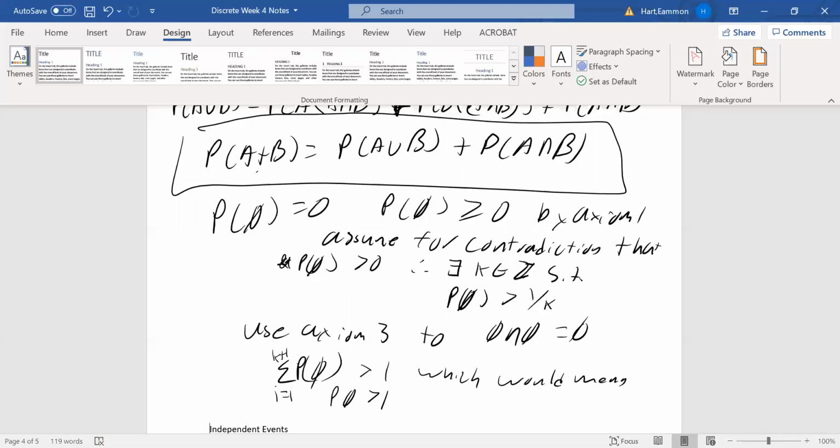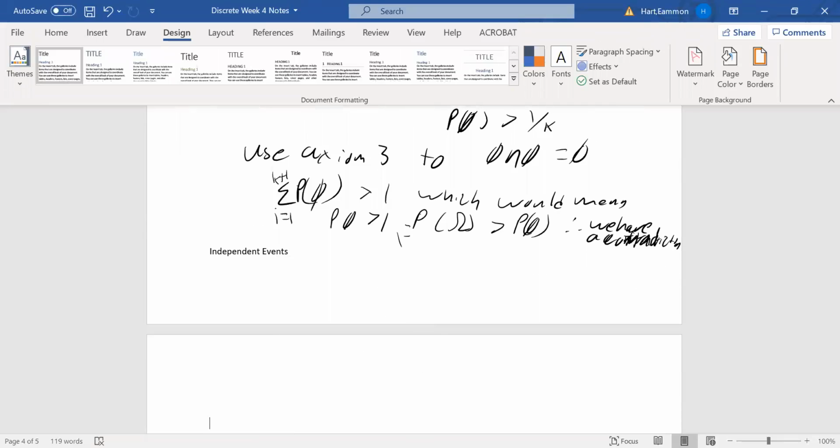But that's a clear contradiction, because the probability of omega has to be greater than the probability of the null set, and omega is equal to 1. So therefore, we have a contradiction. Cool.